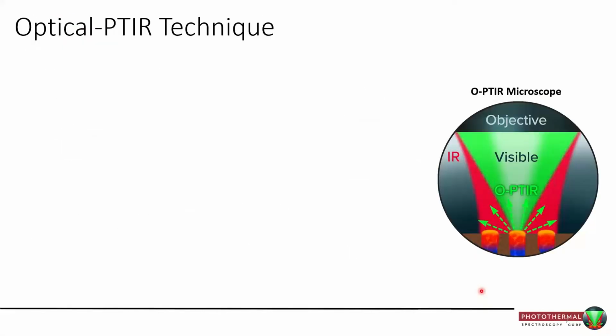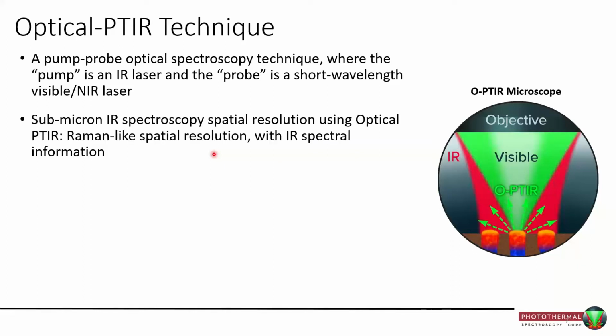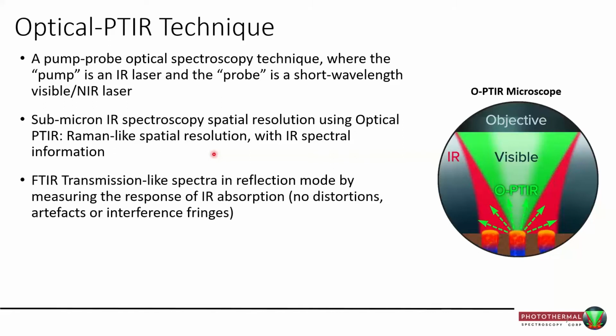So with optical photothermal infrared, O-PTIR, we've really overcome all of those, I think almost literally. What is O-PTIR? It's a pump probe optical spectroscopy technique where the pump is an IR laser and the probe is a short wavelength laser, typically a green or a 785. It delivers submicron infrared spatial resolution, so it's very much like Raman in that sense, but you're now getting infrared information with that.